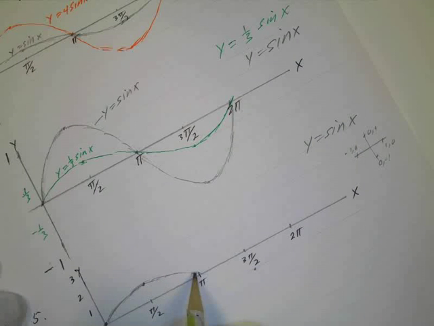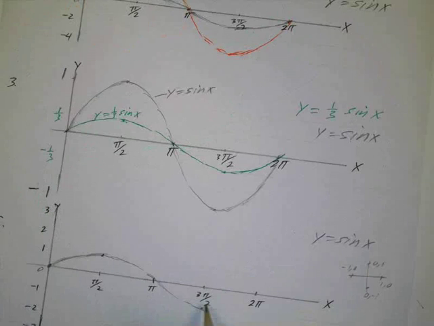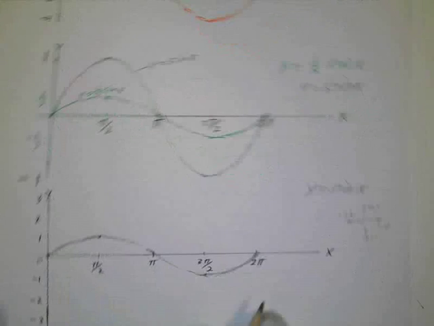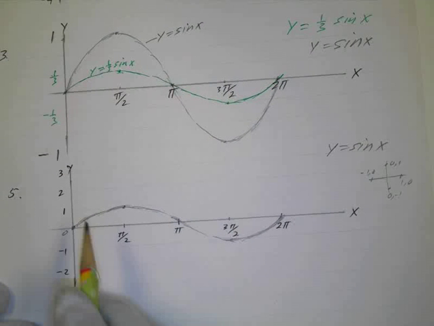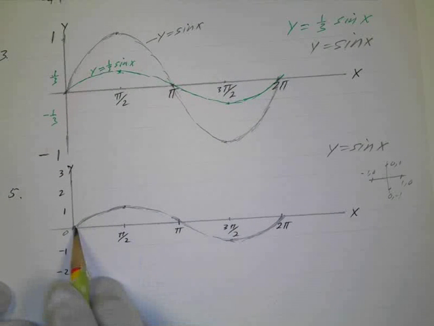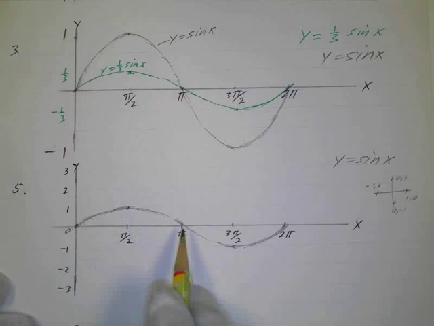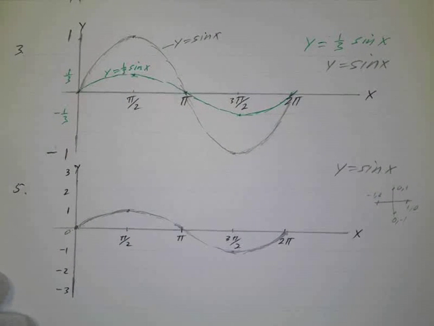So that's your sine. Okay, and like I said, it's real easy to remember as long as you remember the sine of 0 is 0, then you go 0, 1, 0, -1, 0. Just like that.